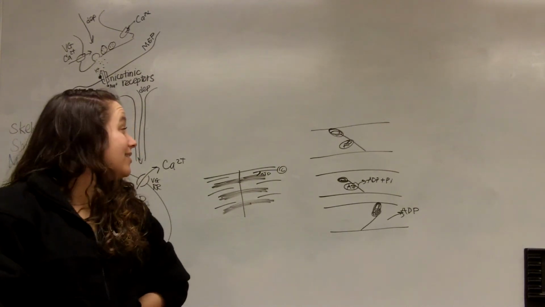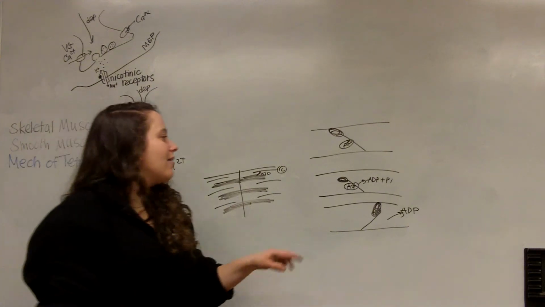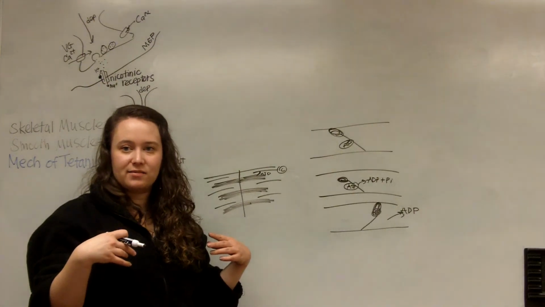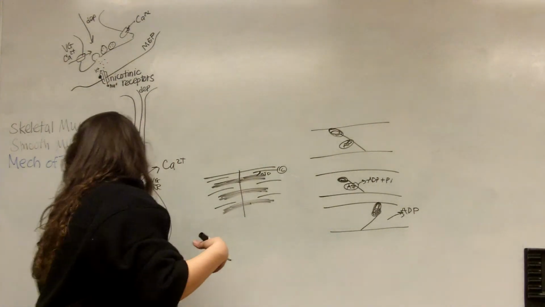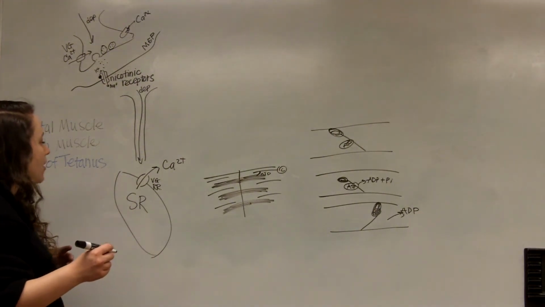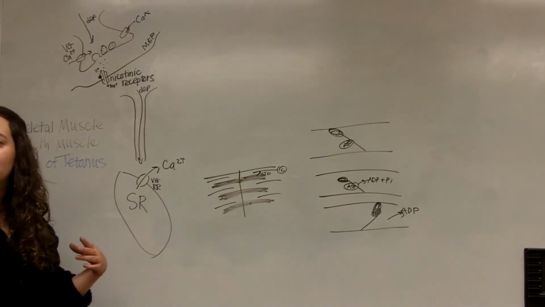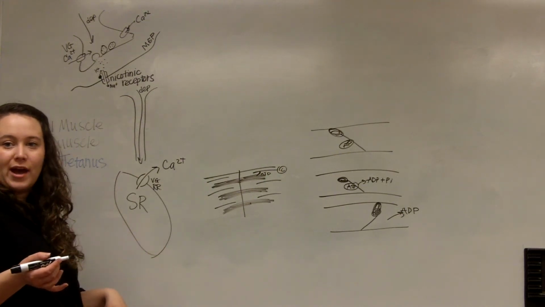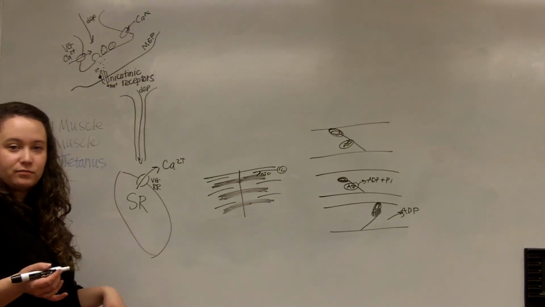Gotcha. So if you have a tetanus, you're just going to have constant pulling. You're never going to relax. But if you have just a regular muscle contraction, eventually it's going to end. So that's where your SERCA pump, or your calcium ATPase, comes in.